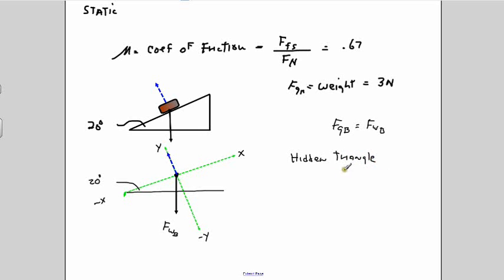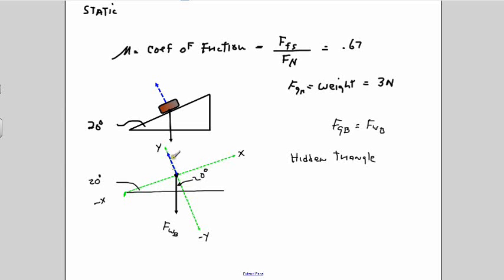Now, it turns out, and I will explain this at the end of the slide, that if this is 20 degrees at this point over here, this point over here is also going to be 20 degrees. Okay, so far so good. I will explain why in the next section.